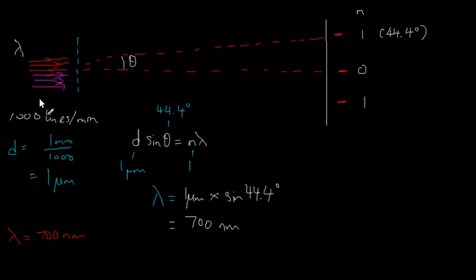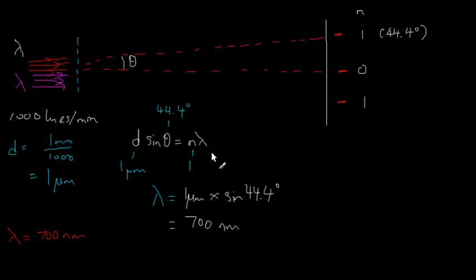Violet light has a different wavelength; actually violet light has a shorter wavelength.